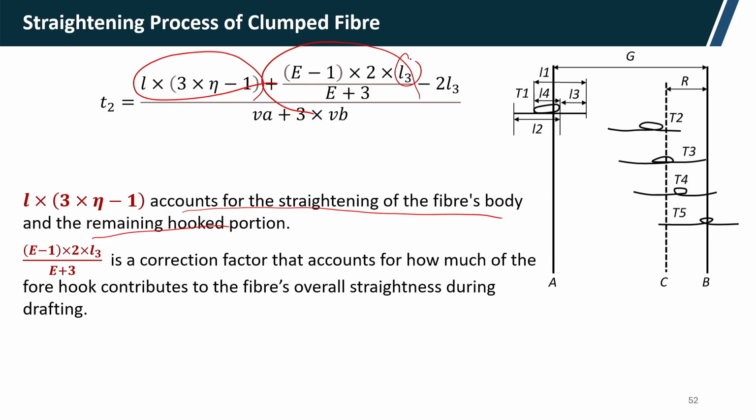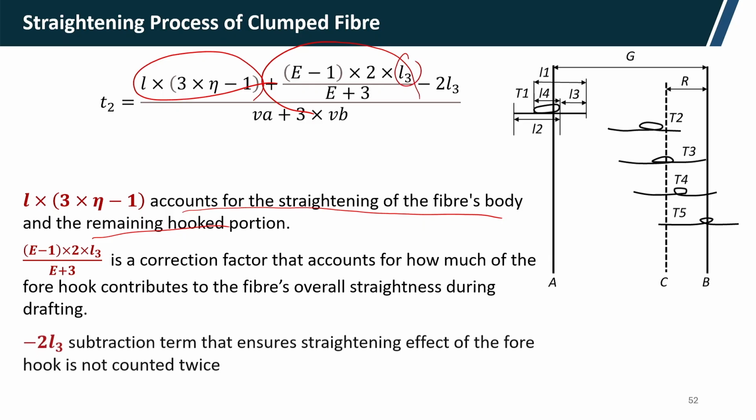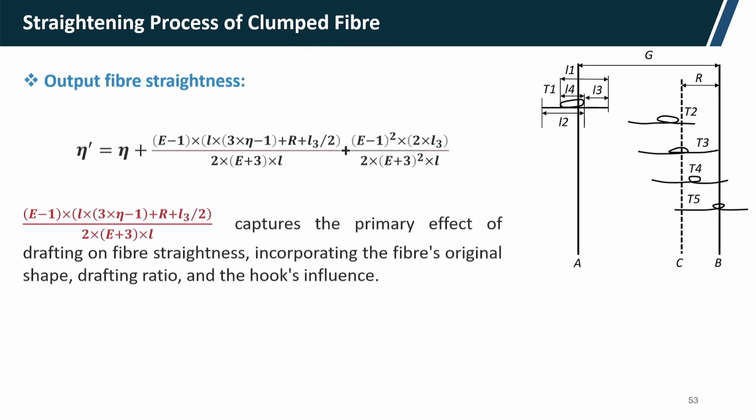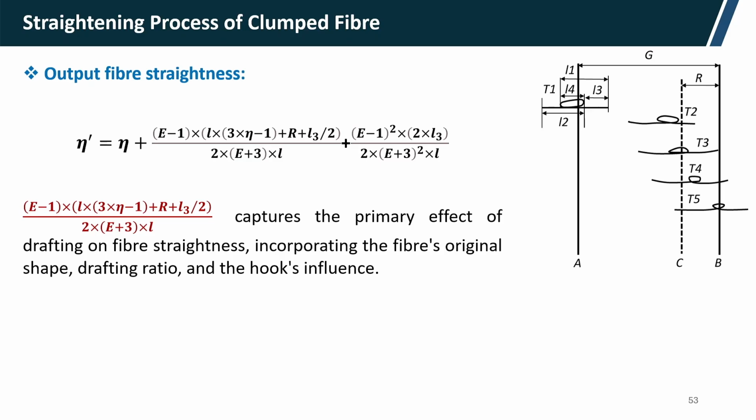That is L3, and minus 2 L3. This factor comes because of the subtraction; it is the term that ensures the straightening effect of the leading hook is not counted twice. So, the output fiber straightness is given by this equation here, and the first part is a complex equation derived.